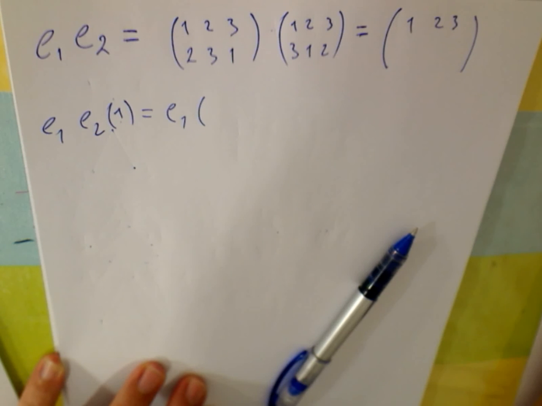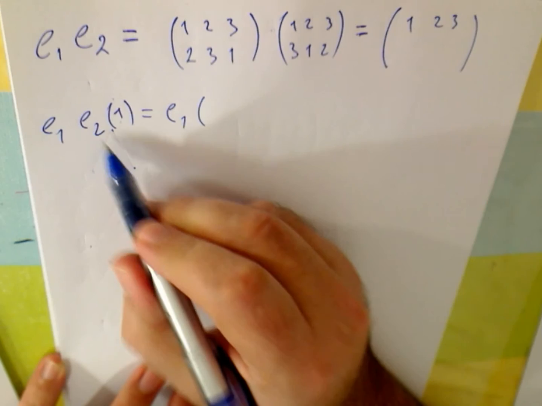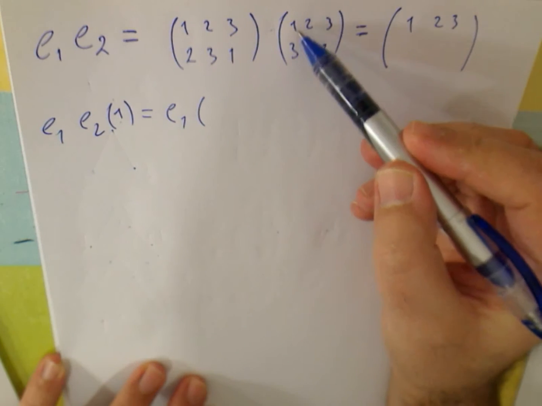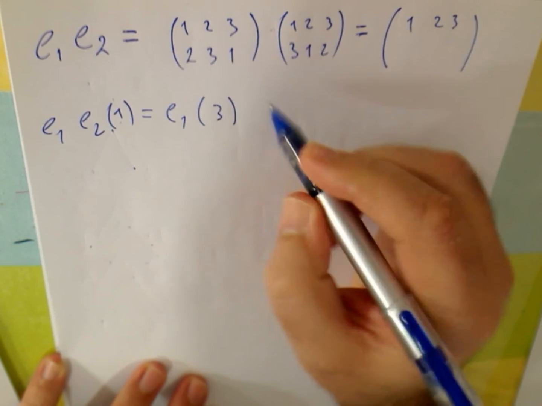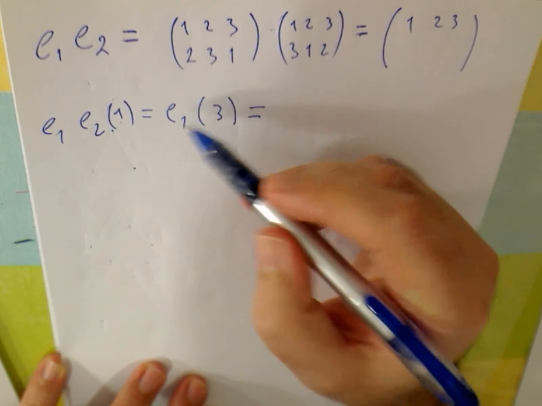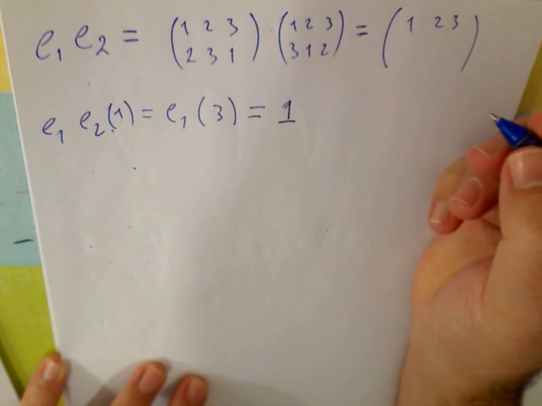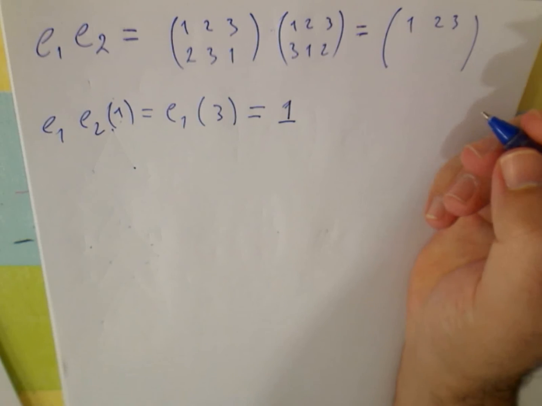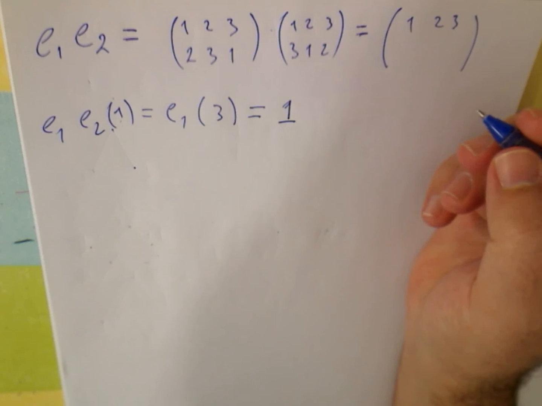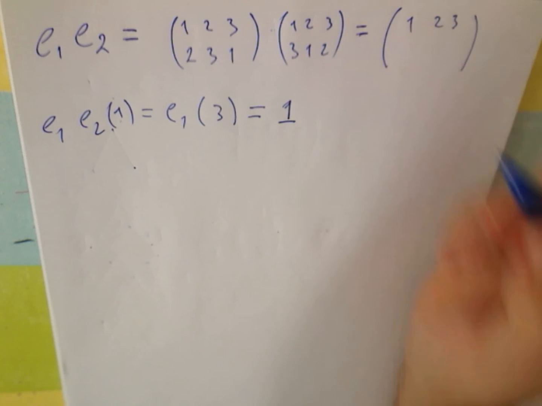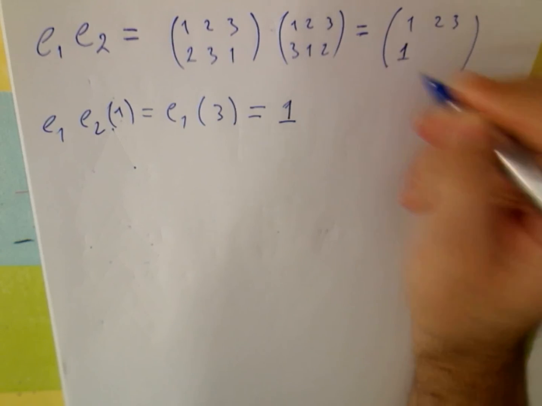R2 of 1 goes to 3, so R1 of 3 is 1. So 1 goes to 1.